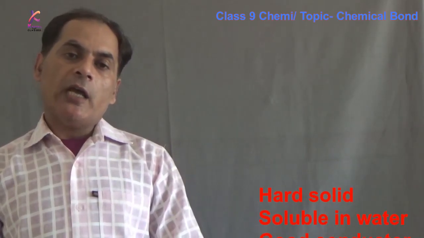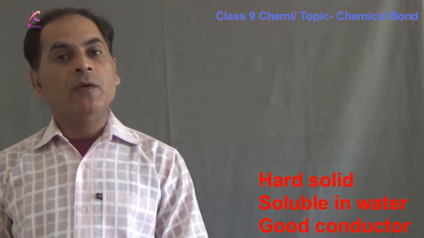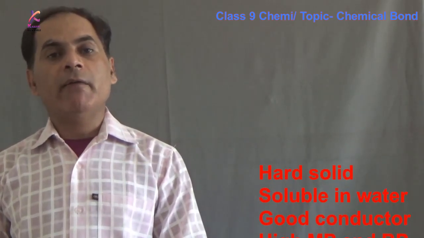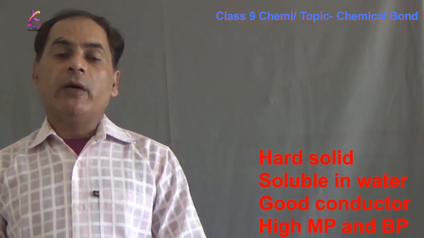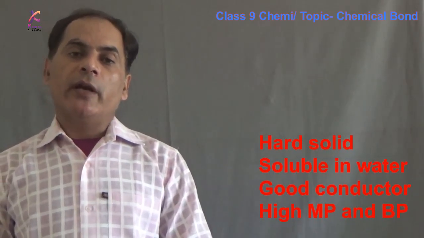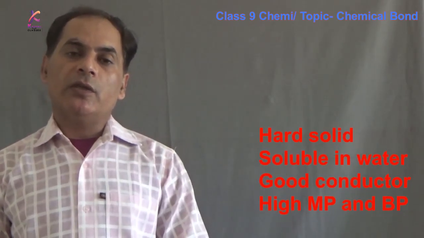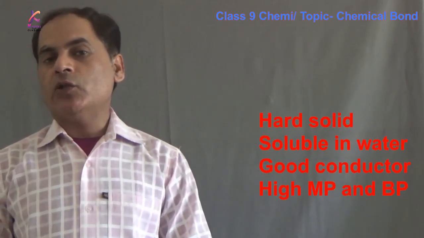Second, they have higher melting and boiling points than any other kind of compound, like covalent compounds. It is because they have high electrostatic force between the ions. This will require more energy to break the bond.